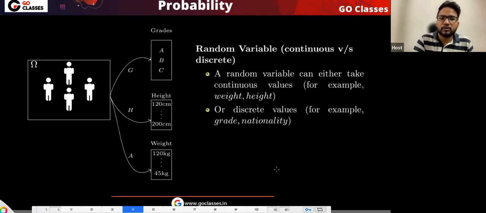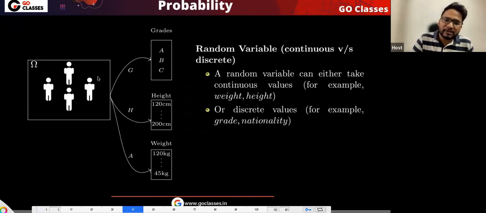Okay. So for example, let's suppose there is a classroom. In this classroom, the sample space is the students, and I want to map each student to maybe grades. So there could be many different random variables. Let's suppose one random variable is grade, another is height, and another is weight.